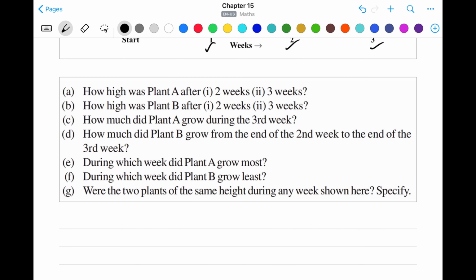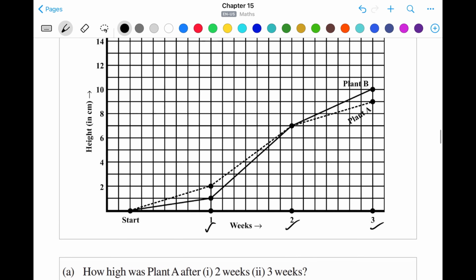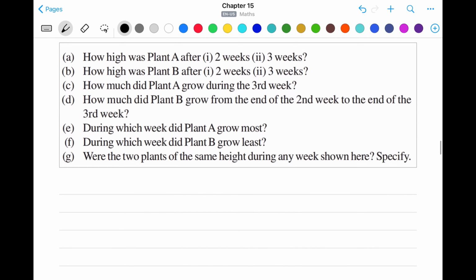First is, how high was plant A after 2 weeks? Plant A is represented by the dotted line. So after 2 weeks the height of the plant was 7 centimeter. Let's write the answer number 2, part A, first.